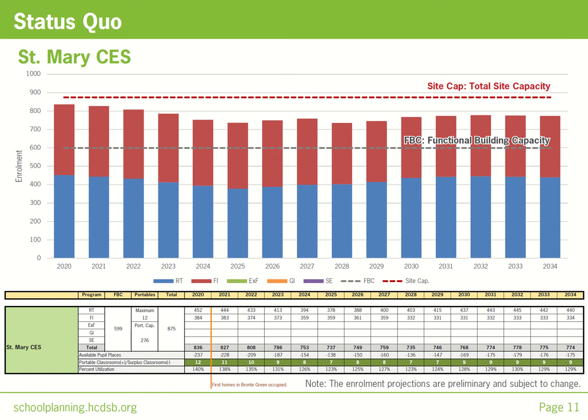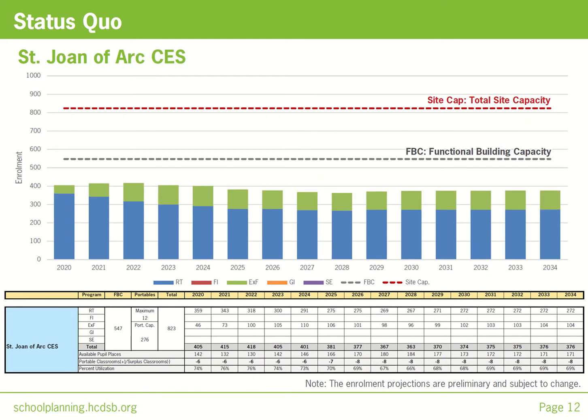During this current school year and in 2021, we are nearing total site capacity, meaning that there are students in portables, and it is not an ideal environment for learning. St. Joan of Arc Catholic Elementary School is substantially less. It is below the bricks and mortar building capacity for the school and could substantially accommodate additional students.